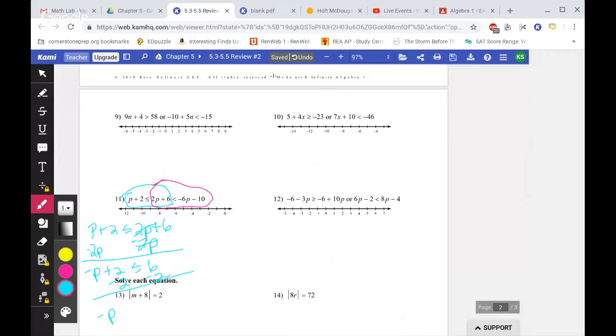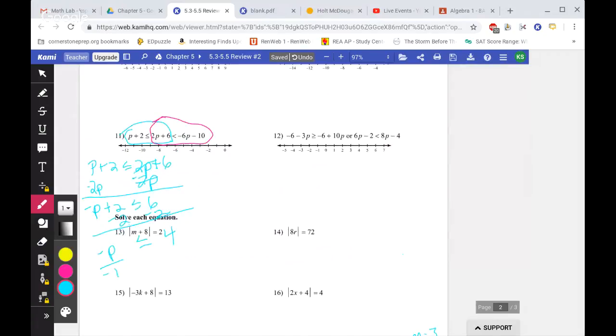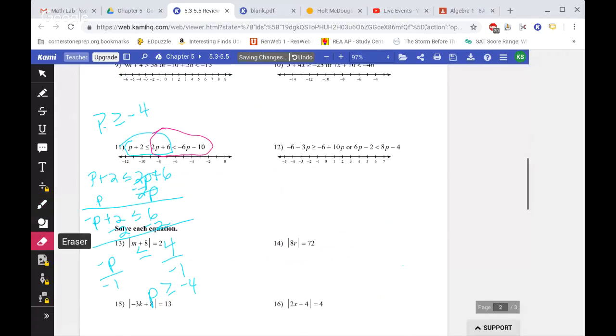So now I've got negative p is less than or equal to 4. Now I'm going to divide both sides by negative 1 to get rid of my negative, which means I've got to flip my sign because I've divided by a negative. So now I've got p is greater than or equal to negative 4. I'm going to write that up here. p is greater than or equal to negative 4. And that's that part.